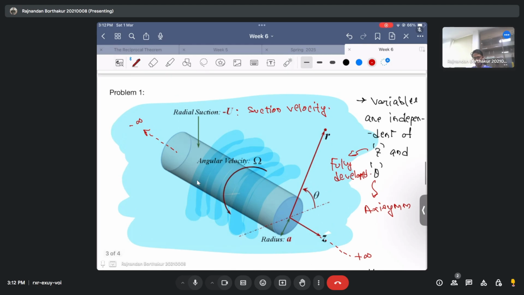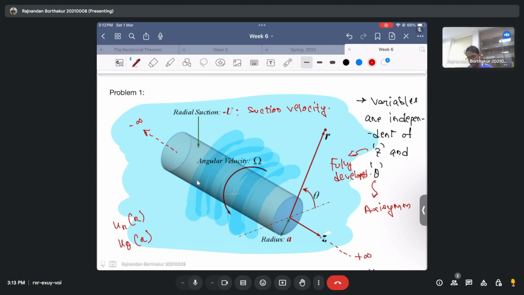So this means that the non-zero velocities we seek to find in this problem, that is ur and u theta, are simply going to be functions of r only, although this is a 2D problem.